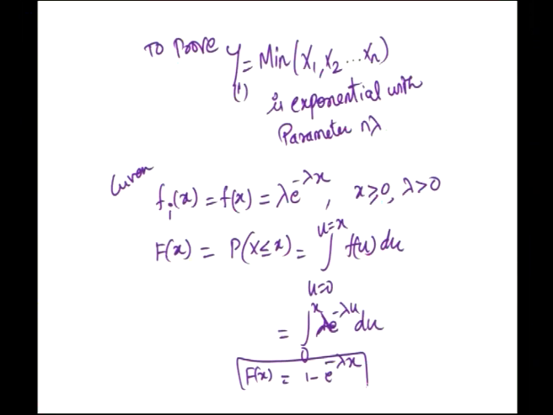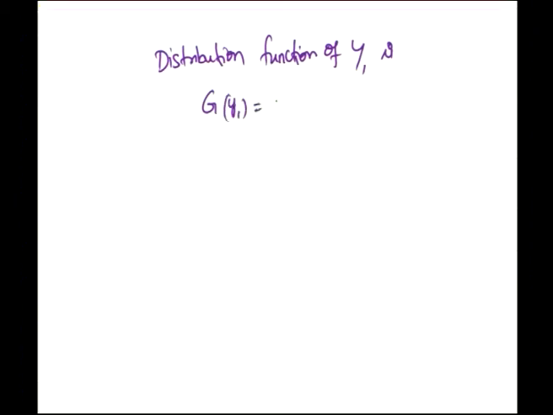Okay. Then the distribution function of y1 we have to consider now. G of y1 is equal to, what is y1 actually? Y1 is a minimum of x1, x2, x3 etc. up to xn.